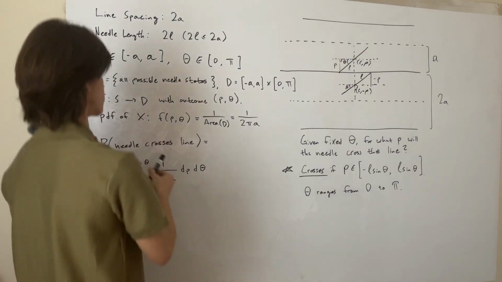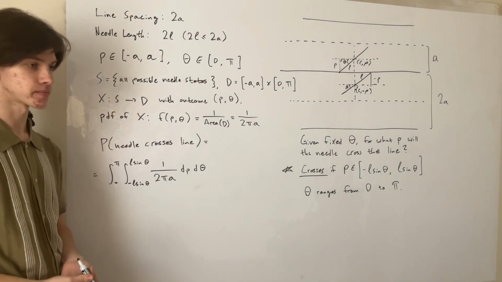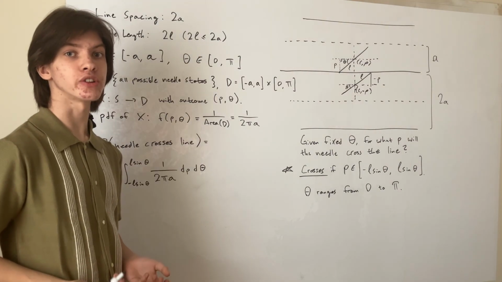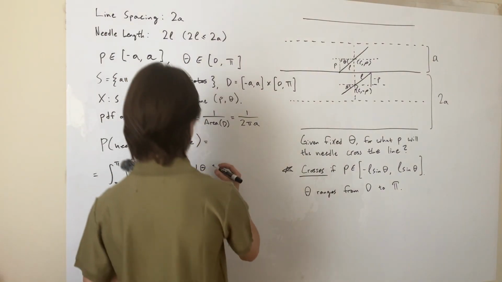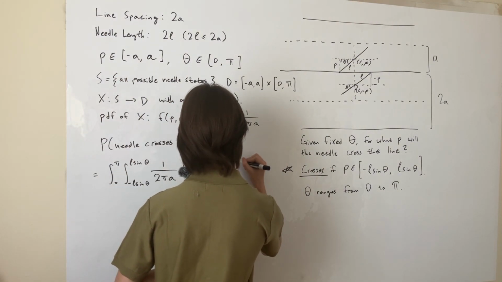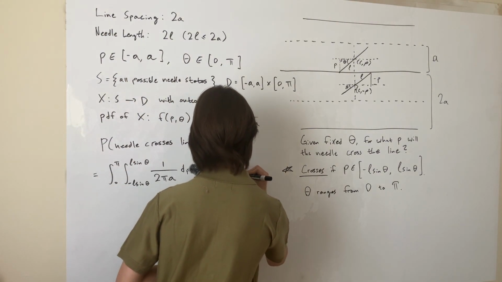And this is going to be our final probability. This integral is quite simple to do, so I won't show the steps. And so the answer becomes then 2L over pi a.